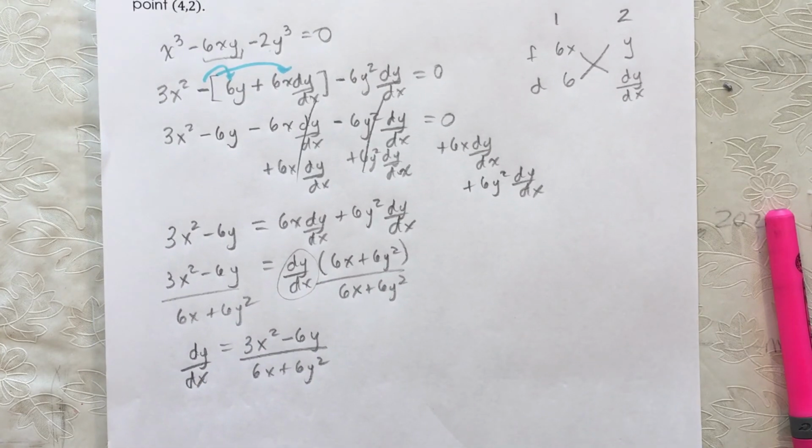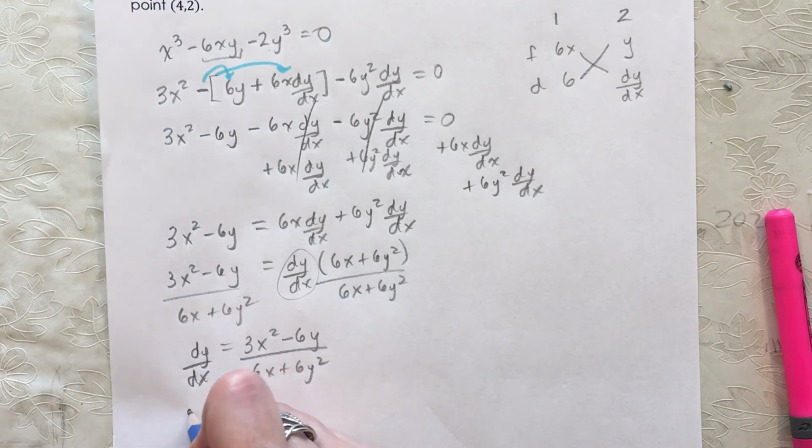And they want the equation of the tangent line this time, not just the slope, but in order to get the equation, we need the slope at the point 4, 2.